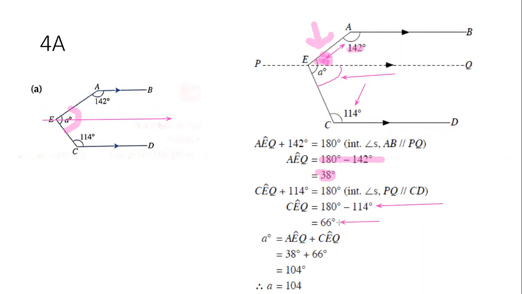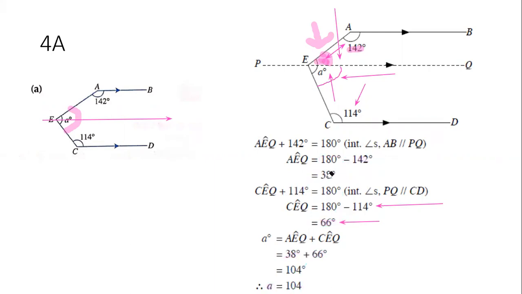So you get the answer 66. Now A is actually the sum of the angle here and the angle here. And the values are on the screen. So you add them both and you get the value of A.